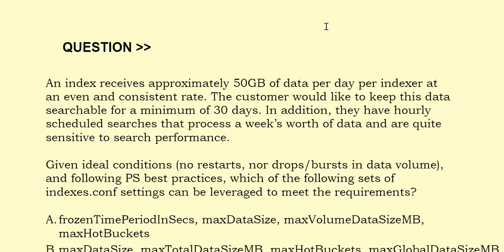In addition, they have hourly scheduled searches that process a week's worth of data and are quite sensitive to search performance. Given ideal conditions, no restarts nor drops, bursts in data volume, and the following PS best practices, which of the following sets of indexes.conf settings can be leveraged to meet the requirements?